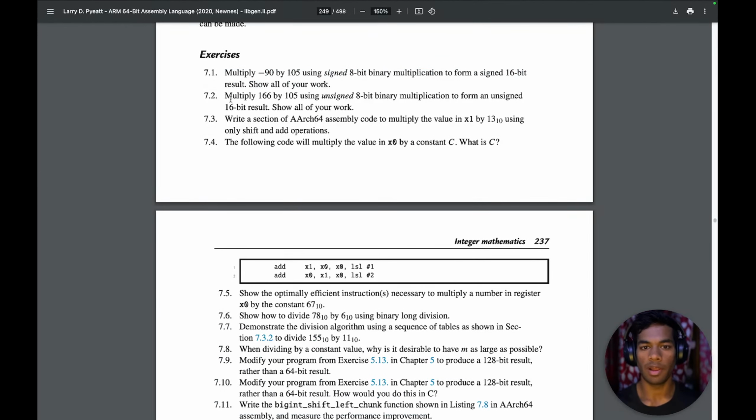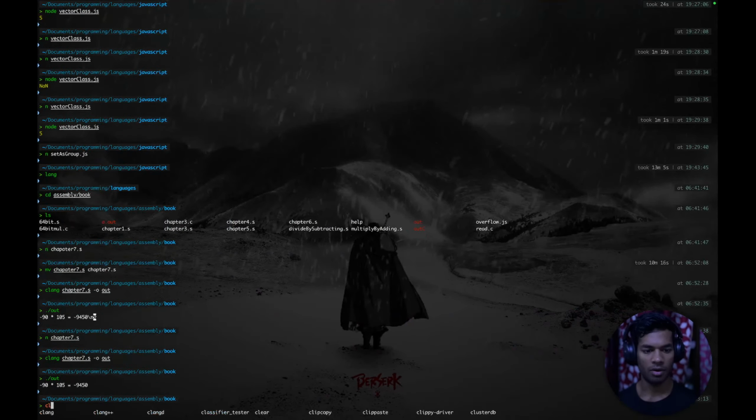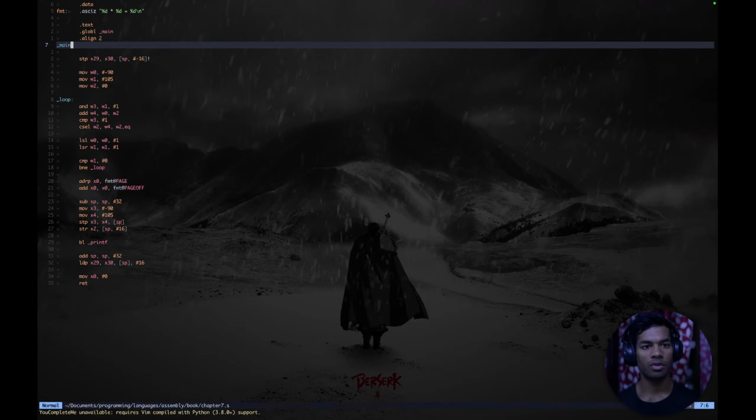Now multiply 166 by 8-bit multiplication to form an unsigned 16-bit result. Show all of your work. Well, I can use exactly the same algorithm that I used in the previous question.